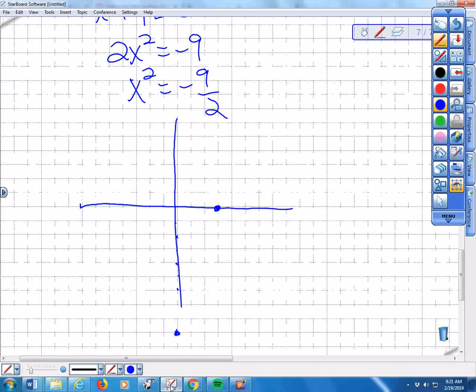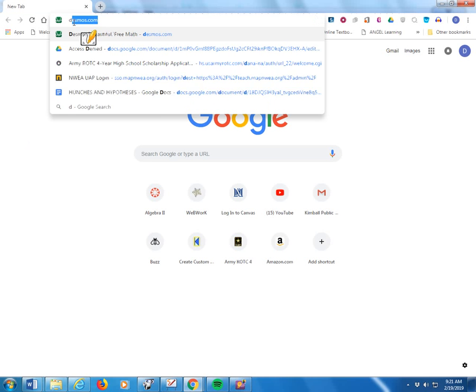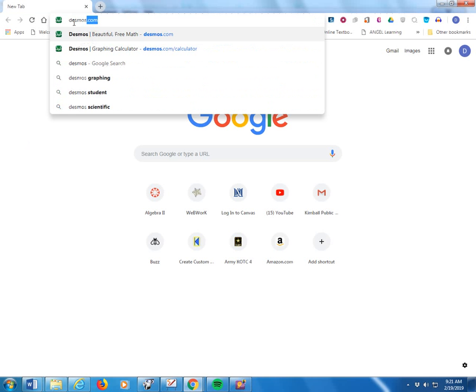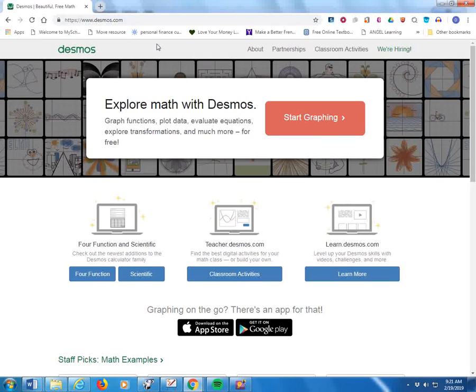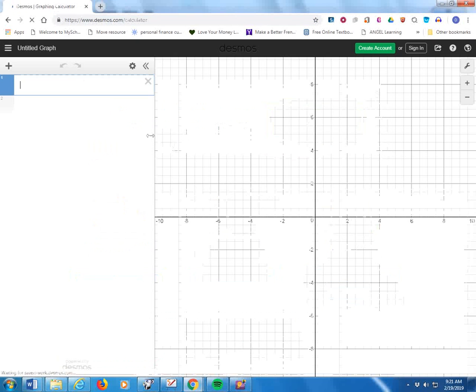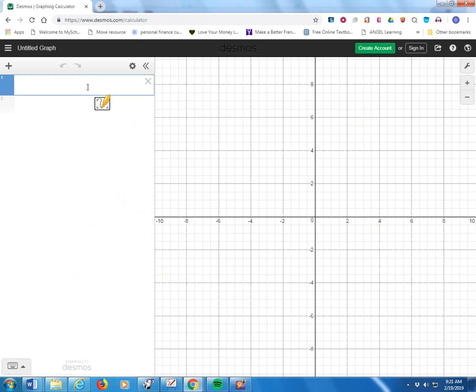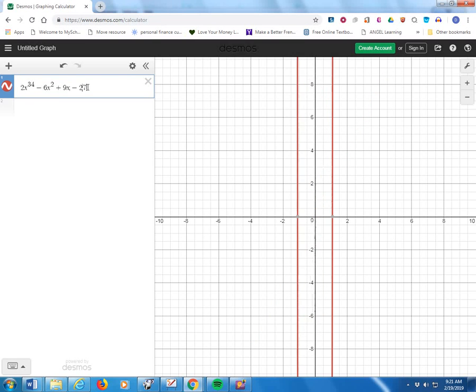And it is 2x cubed minus 6x squared plus 9x minus 27. Oh, I did turn it.